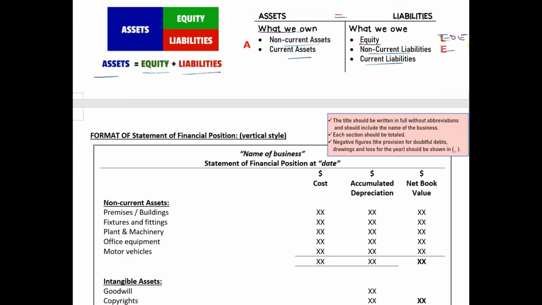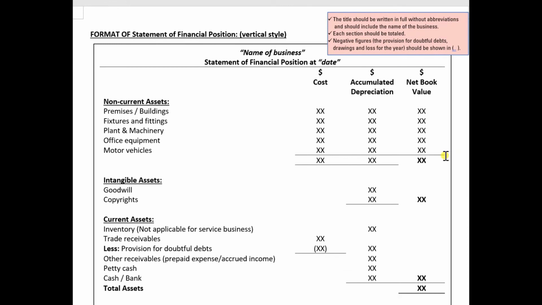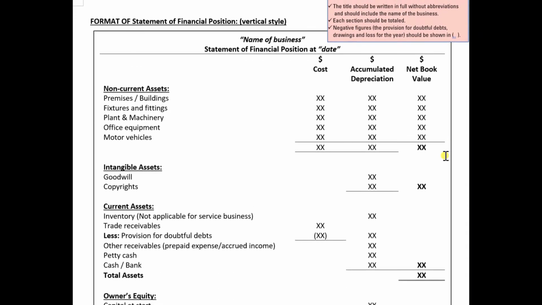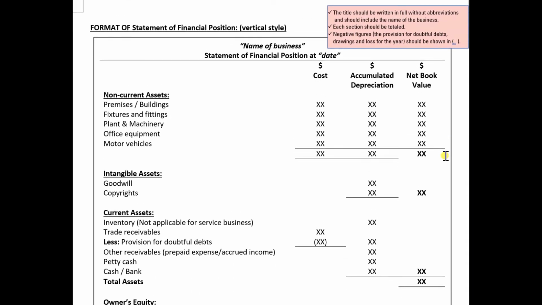This is the format of the financial position which you need to be familiar with, because we are going to prepare this format, the vertical style format.